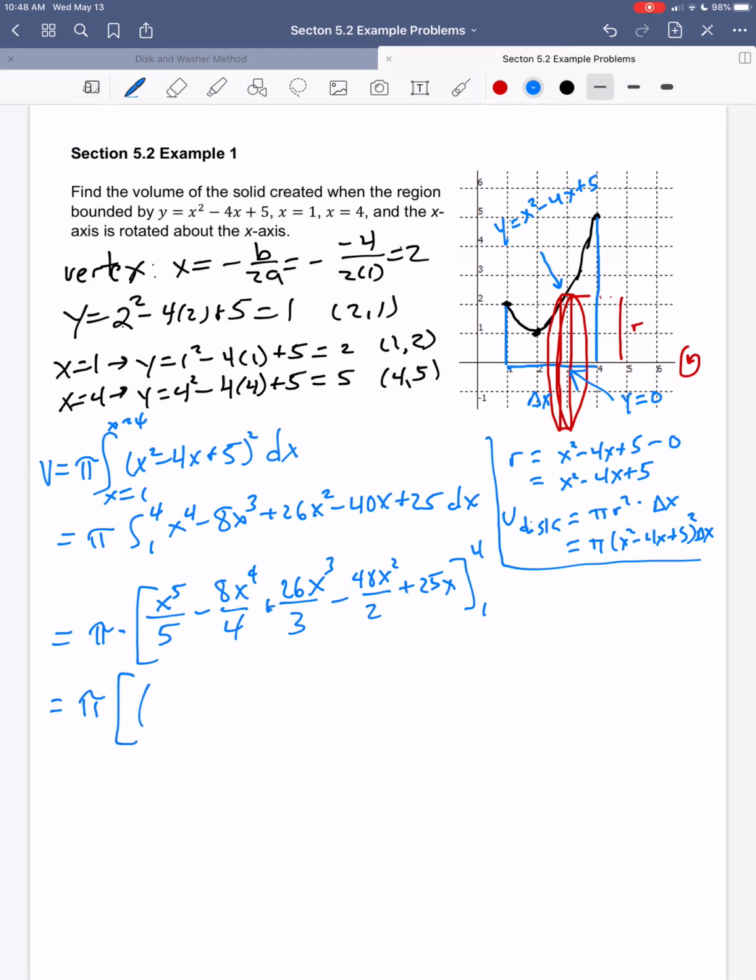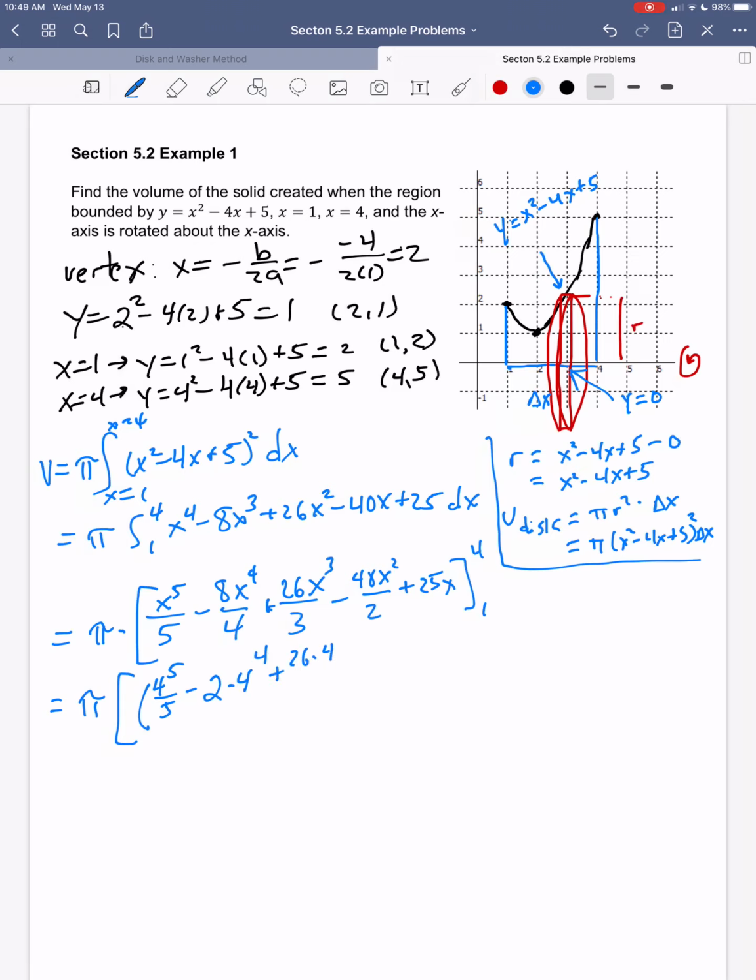So we're going to get 4 to the 5th over 5. Now the 8 over 4 is just 2, so 2 times 4 to the 4th plus 26 times 4 to the 3rd over 3. 40 over 2 is 20 times 4 squared plus 25 times 4. But then I'm going to have to plug in 1.